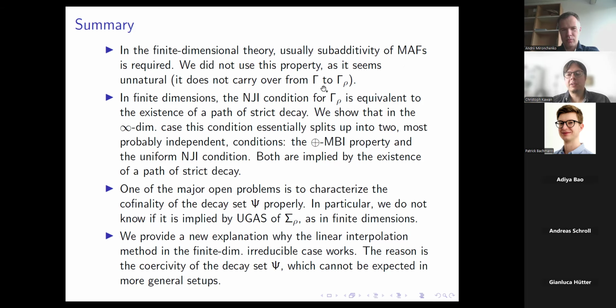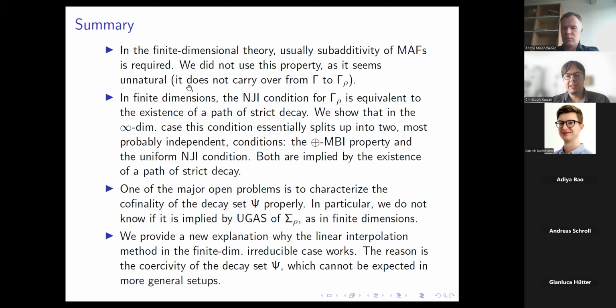So if I require subadditivity of the mu i's, I cannot show that gamma rho is a gain operator, which is somewhat not satisfying. So this is why I try to avoid this property. And on the other hand, I don't see how it can be used in any meaningful way for the infinite dimensional case.